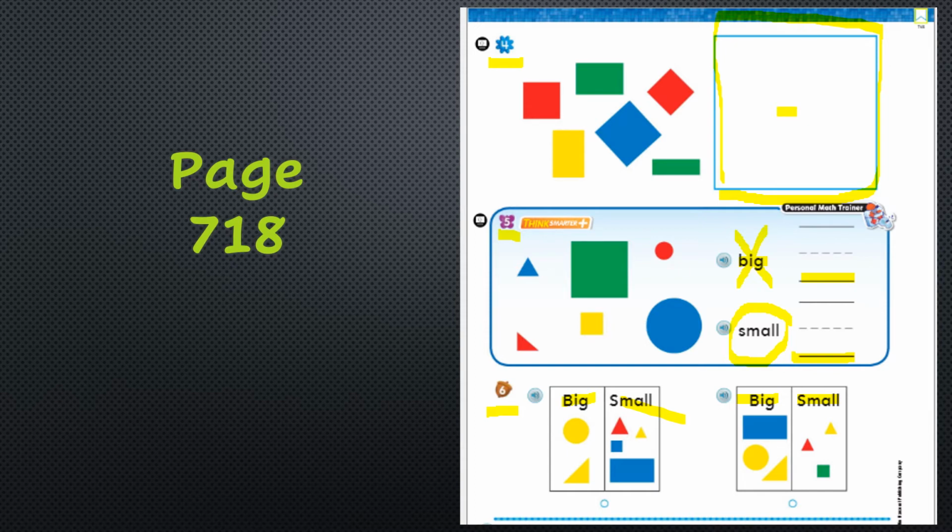Now, is every shape on this side big and this side small? Same over here. Is every shape big on this side and every shape small on that side? Look at both of your categories.